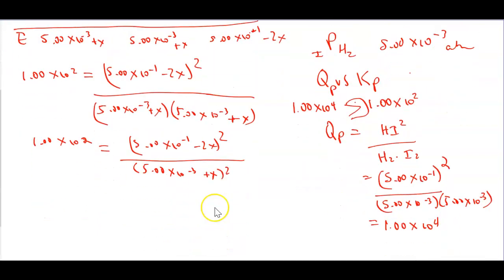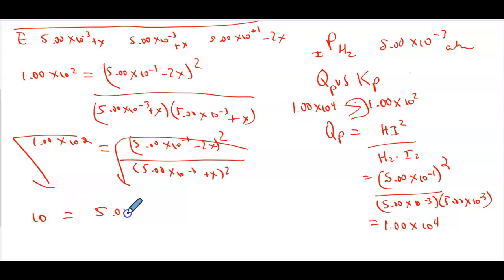And so I have a squared and a squared, so I'm going to square root both sides. Square root this side, take the square root of that side. I'm going to get 10 equals 5.00 times 10 to the negative first minus 2x, and this is going to be 5.00 times 10 to the negative third plus x.